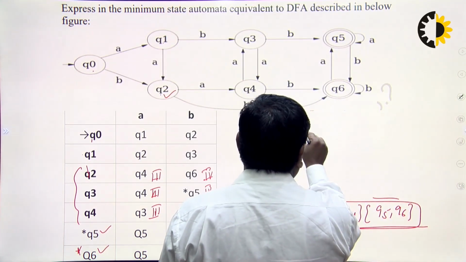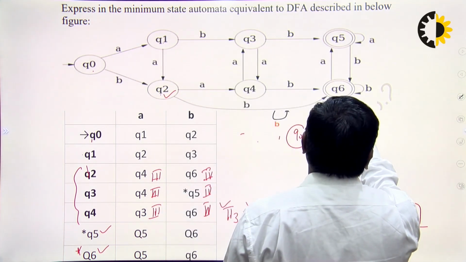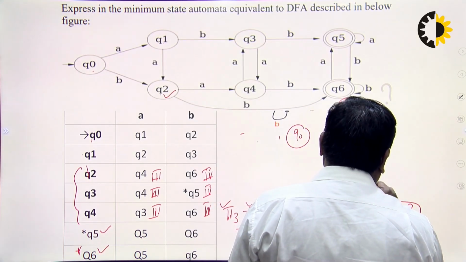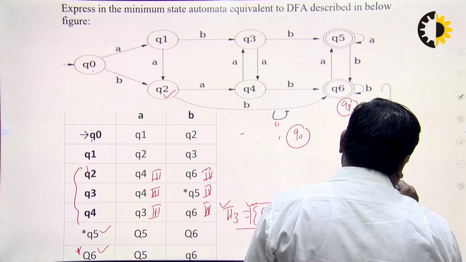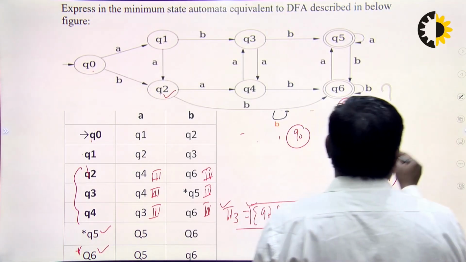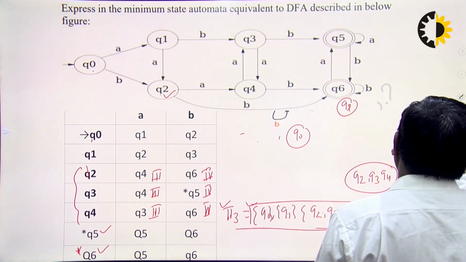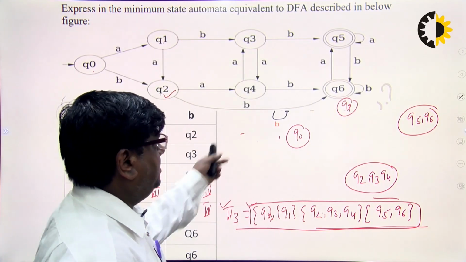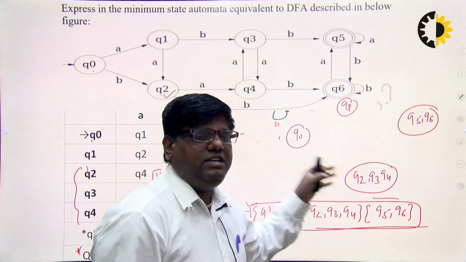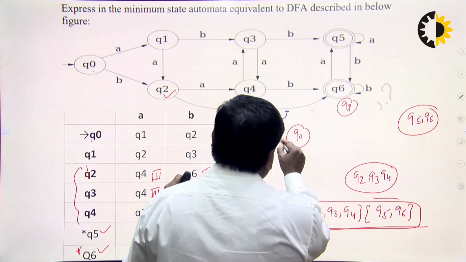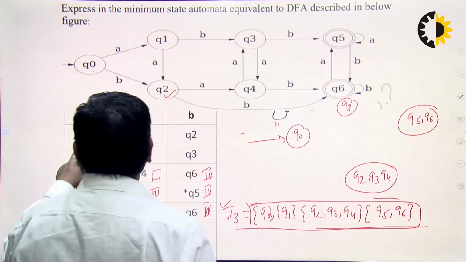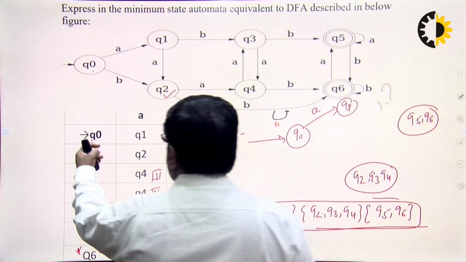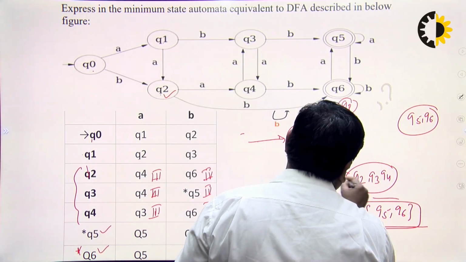Now, Q0, one state, Q1 is another state, and the next state is Q2, Q3 and Q4. This one is one state, and another state is Q5 and Q6. And with the help of this transition table, we design the minimized DFA. Now, from Q0 on A, that is Q1. Now, from Q0 on B, that is Q2.